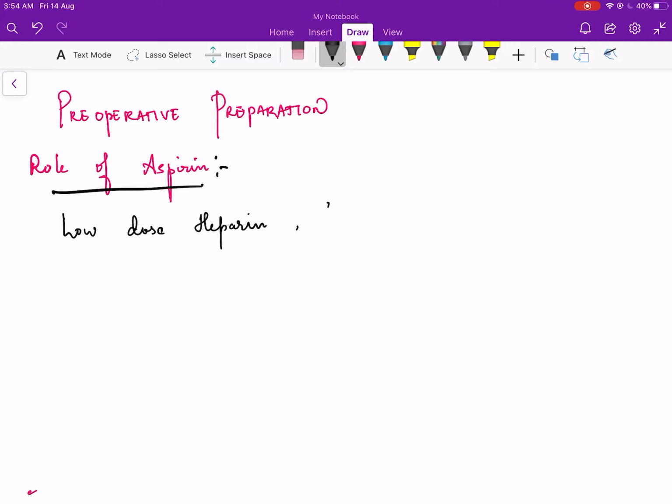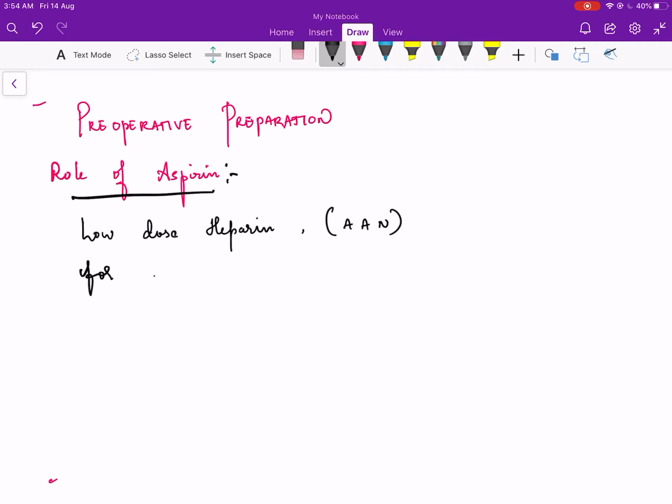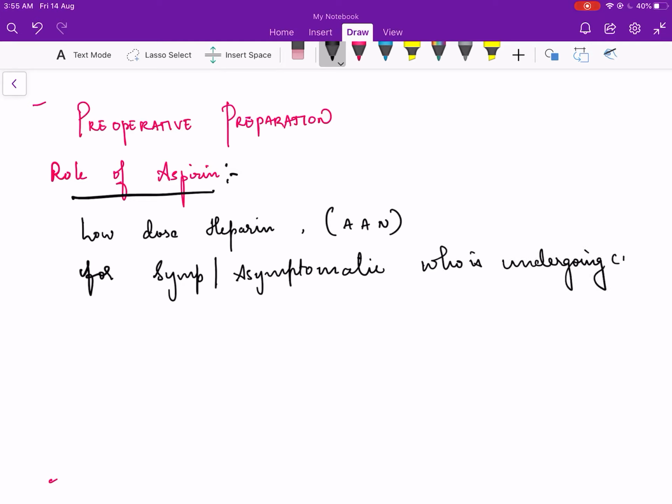It is recommended by the American Academy of Neurology for all patients, symptomatic or asymptomatic, who are undergoing CEA, that is carotid endarterectomy. This leads to decreased stroke risk and decreased death rate.